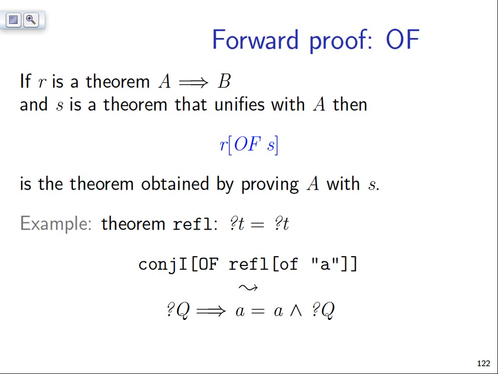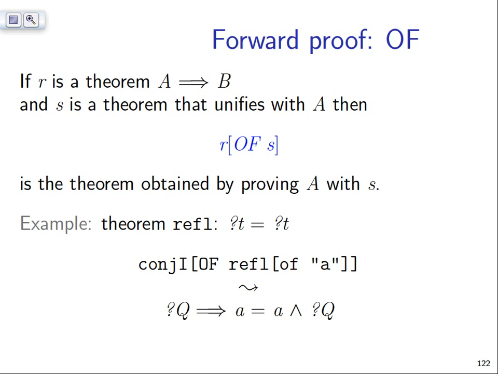We're moving from the premise that has been proved, a very special instance of it, and then we get the conclusion of it specialized to that instance. So you can think of this of here doing two things in one. The big of first specializes R and puts in A equals A for the premise.